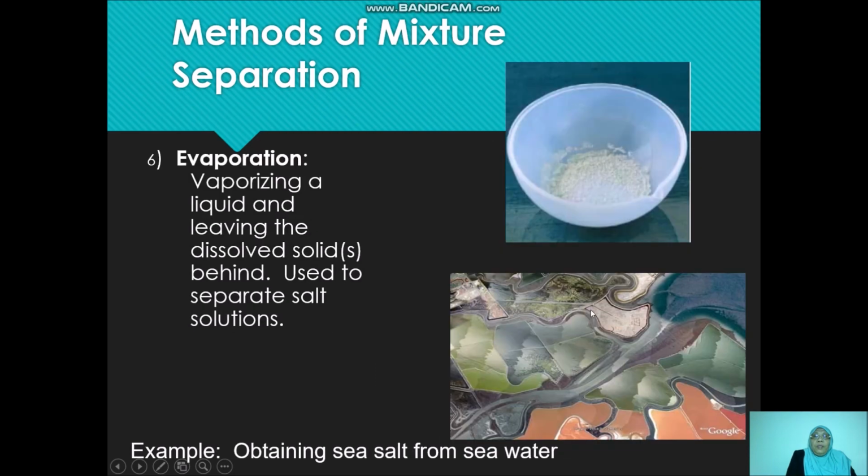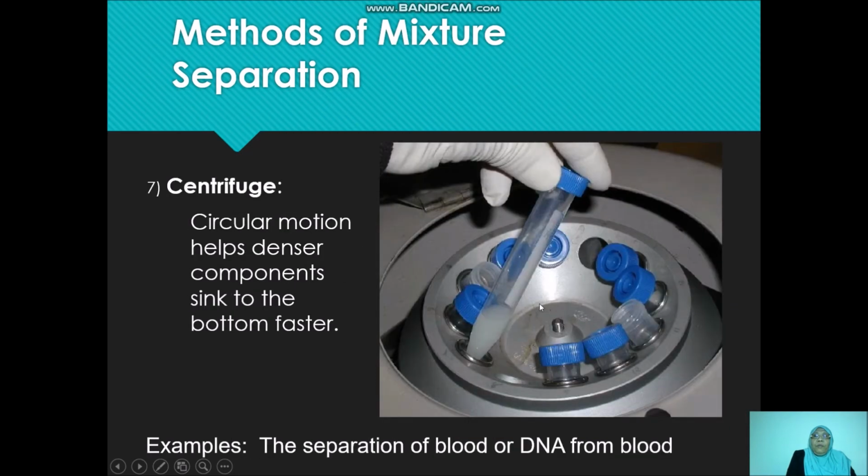And then after that, centrifuge. What is the centrifuge? Circular motion helps the denser component sink to the bottom faster. For example, take blood. Blood consists of sediment and liquid.